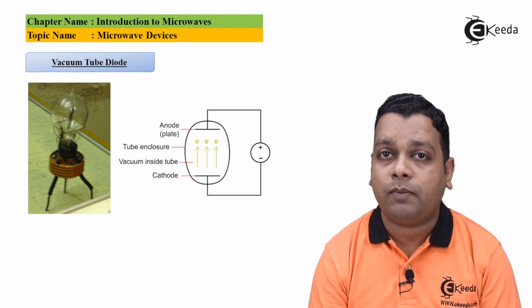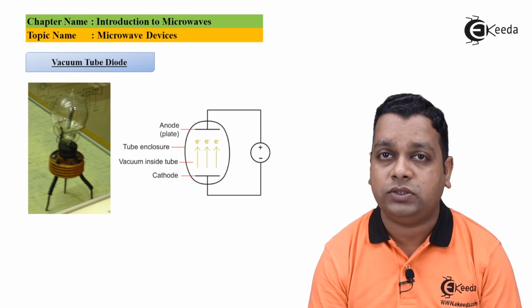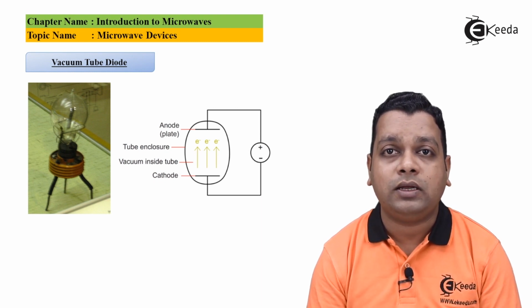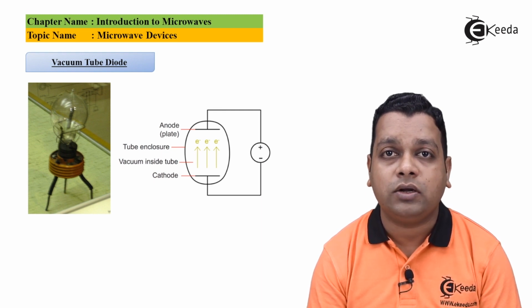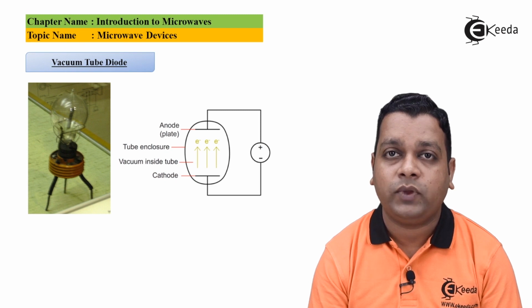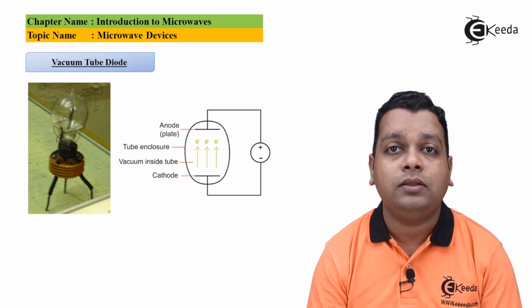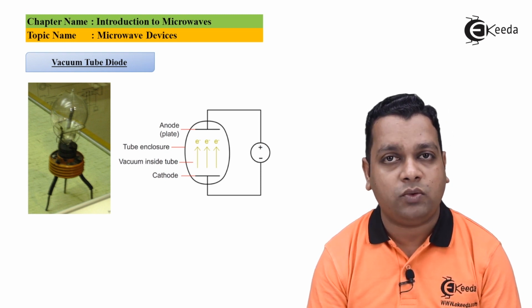The cathode is connected to the negative terminal, whereas the anode is connected to the positive terminal. In the diagram you can see the electrons ejected from the cathode making their journey towards the anode. Because of this journey of electrons from cathode to anode, a current develops in this vacuum tube diode.